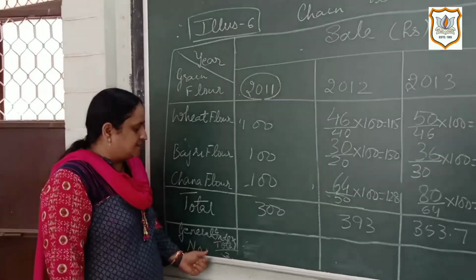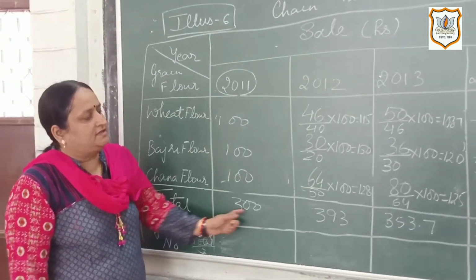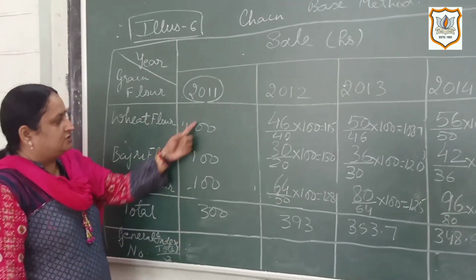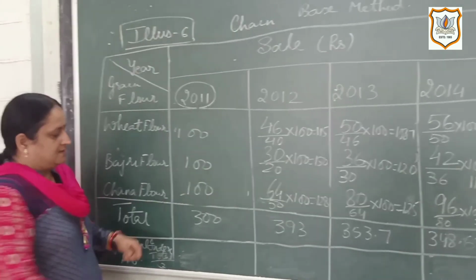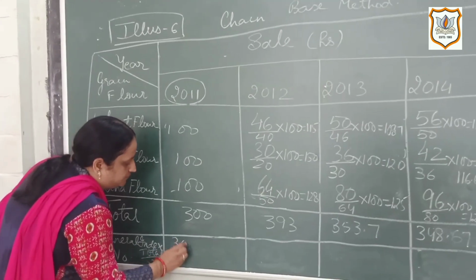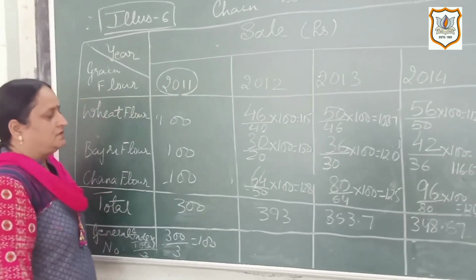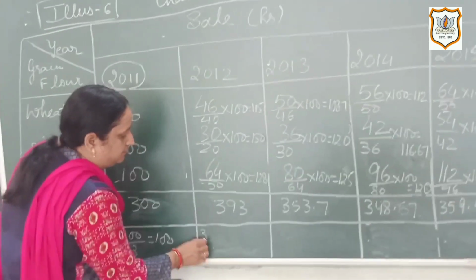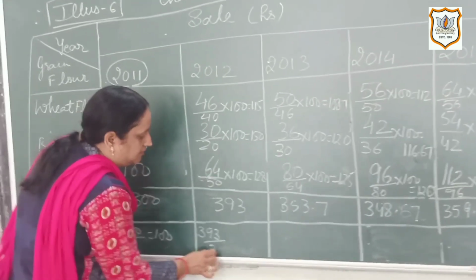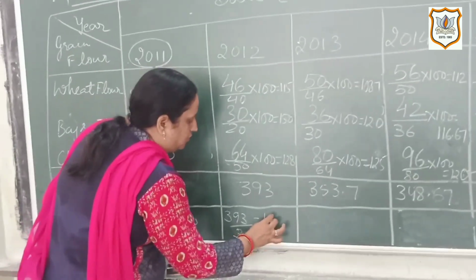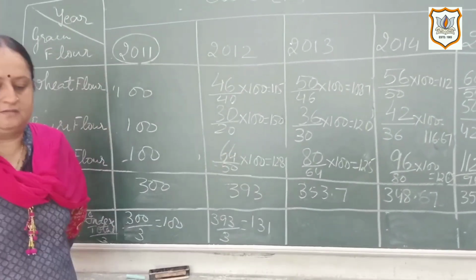Now again what you are supposed to do, from these values you have to calculate the general index number. Again divide these values by the total number of items, that is 3. So for the first one, 300 by 3, that is 100. For the next one you will have 393 by 3, so 131.